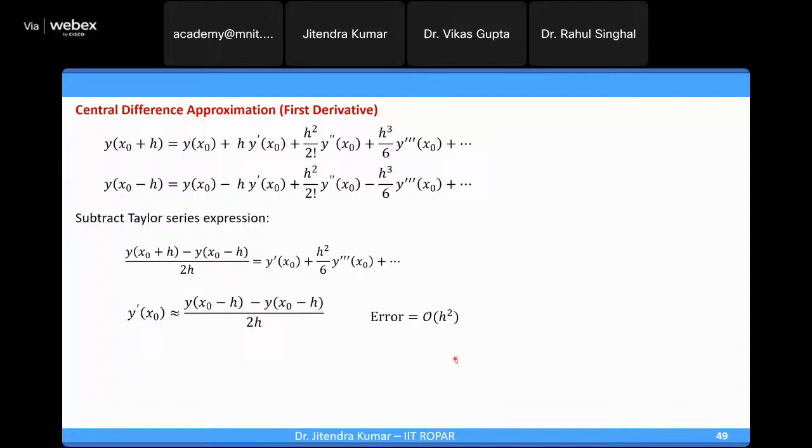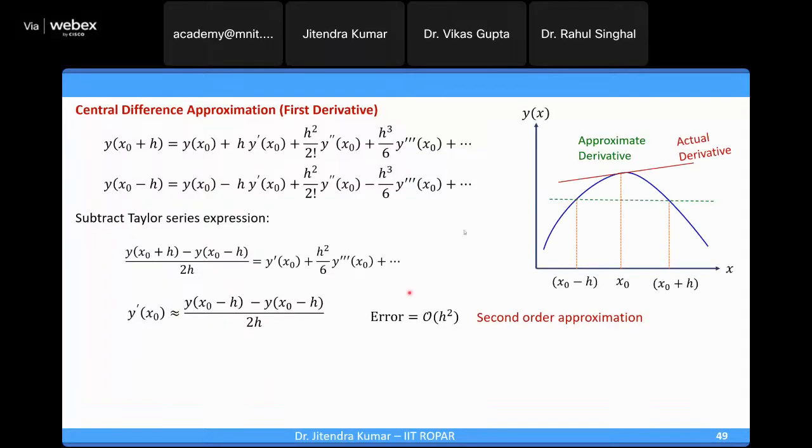With this formula you can get the higher order, but you are considering three points: x naught, x naught minus h, and x naught plus h. So this is a second order approximation. This quotient here is nothing but the slope of the green dotted line, and the actual derivative was here.